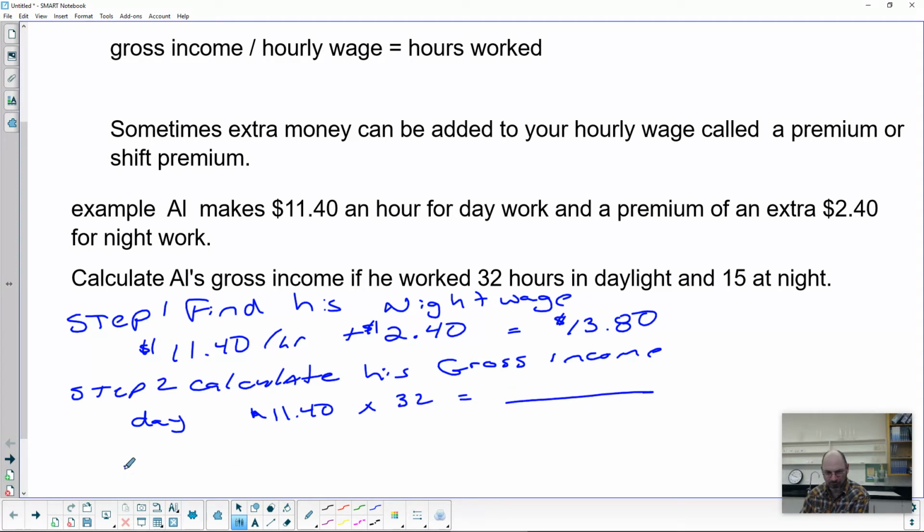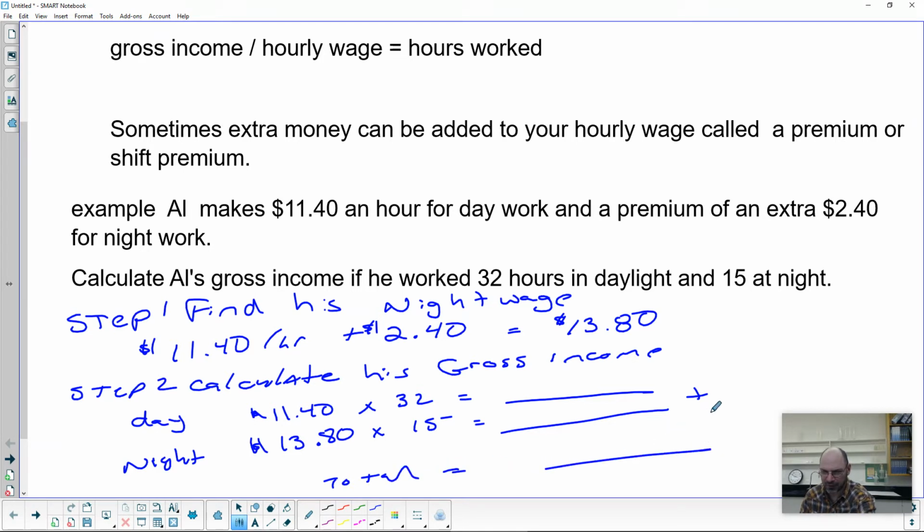Then we're going to do the night: he gets $13.80, and he worked 15 hours. Then we're going to add these two together for his total. Take your calculator out, you go 32 times 11.40.